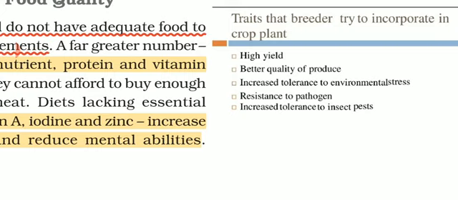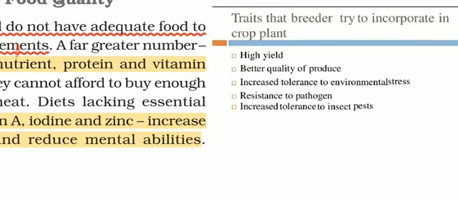So, we have studied several varieties and hybrids of crops by which we can make them resistant, so that we have to spray very small amounts of fertilizers as well as insecticides and pesticides. The last is also the same, increased tolerance to insect pests.